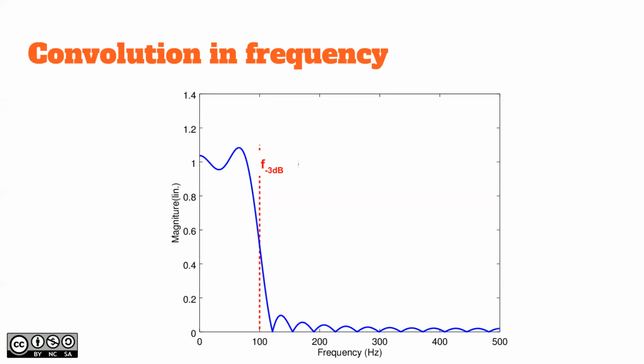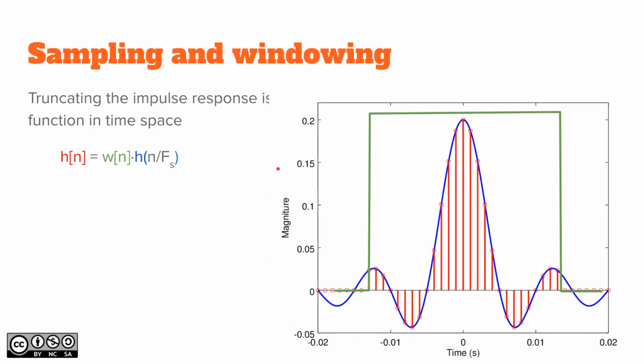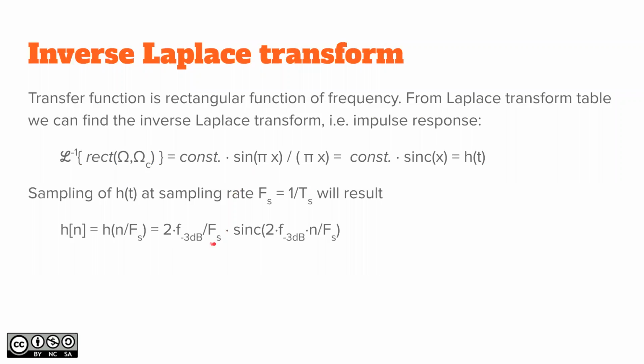But we started from ideal, so basically this resembles quite a lot already what we are looking for, and especially that minus 3 dB point, which you practically fix just by using the sinc function correctly.